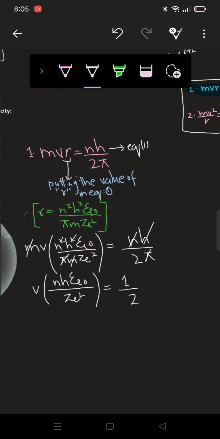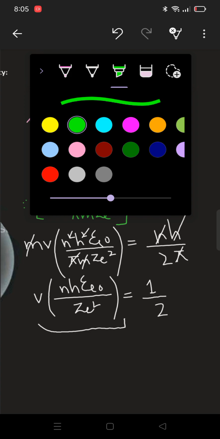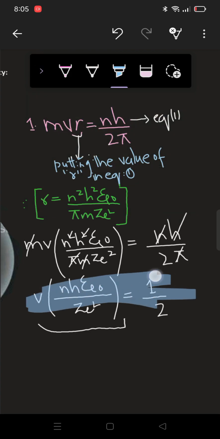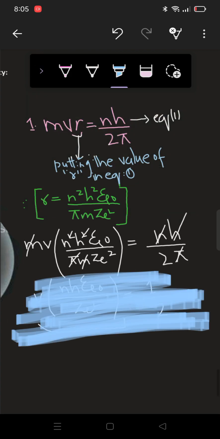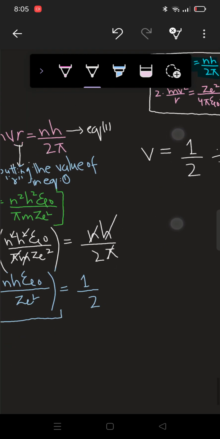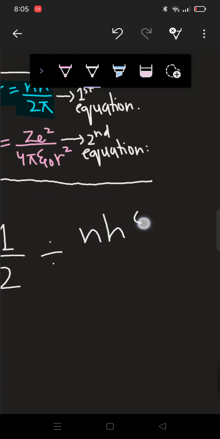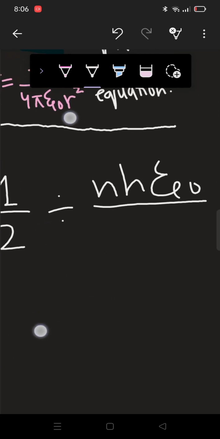Now see, this whole value is multiplying with v here. When it goes to the other side, it will be divided, right? Now let's take this value there so that we can divide. v is equal to 1 by 2 divided by nh epsilon naught upon z e square, right?